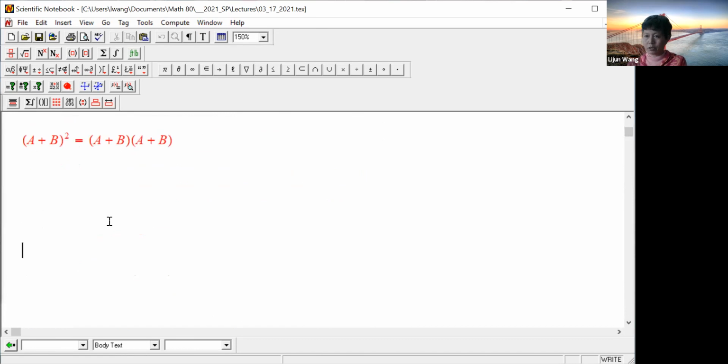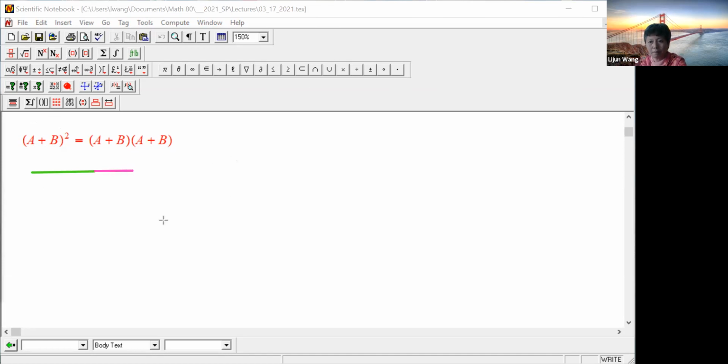Suppose A is a number, B is a number. I'm going to use a different color. Suppose this much is A. And I'm going to change the color, I'm going to use purple here, and this much is B. So that's A plus B.